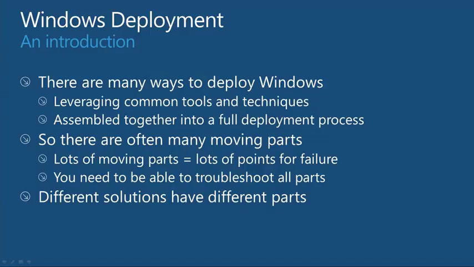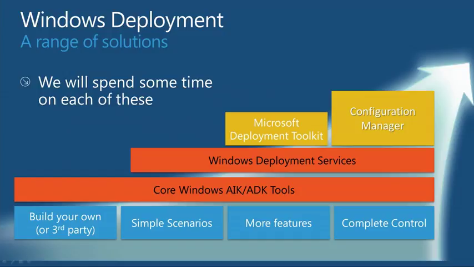We know that there are plenty of different ways to deploy Windows. We know that there are plenty of different tools that get tied together into this deployment process. There are many moving parts, so there are many places where it can fail. So we need to figure out how to troubleshoot each of those parts. So we'll talk some about each of those, building up from those lower level tools provided as part of the Windows AIK or the ADK.